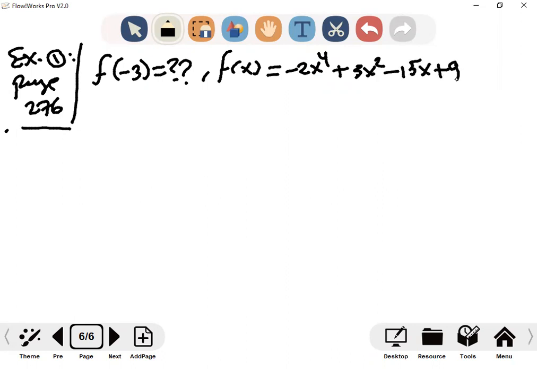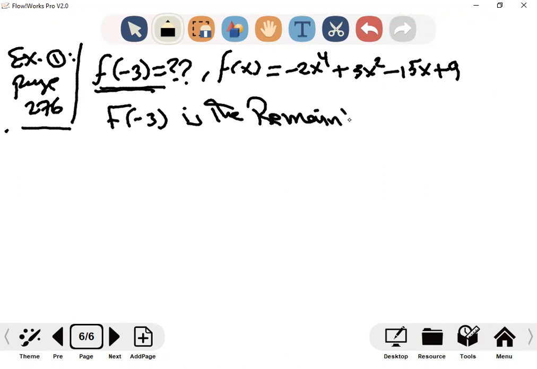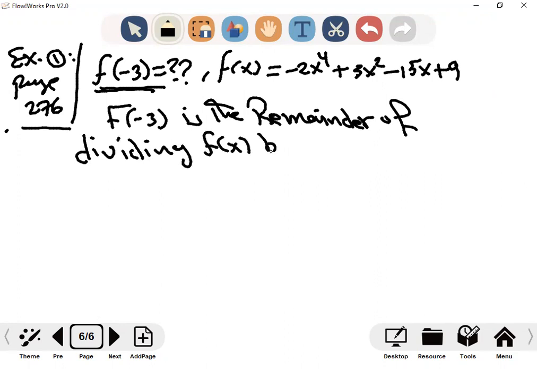I will use the synthetic division. I want to find the remainder. The question here is to find the remainder. The remainder is the same as f of the number, as we said before. So here f of -3 is the remainder of dividing f of x by what?